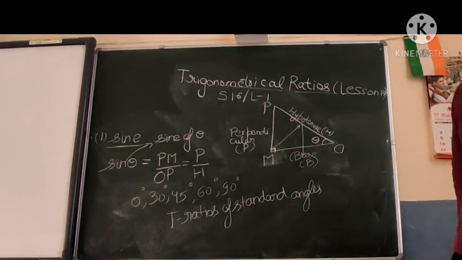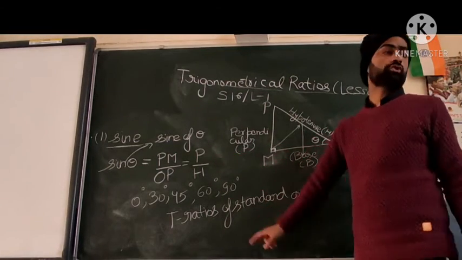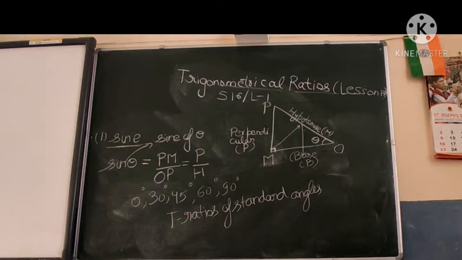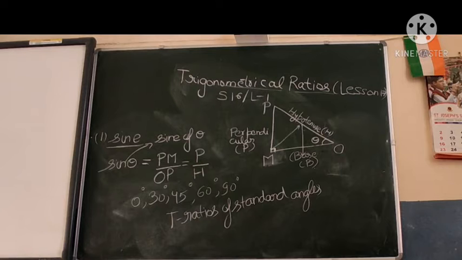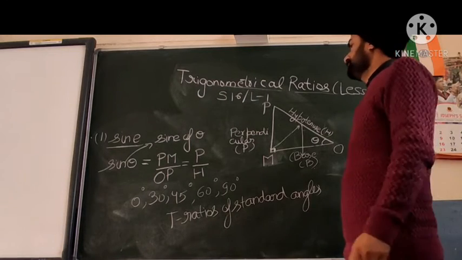So sine is perpendicular upon hypotenuse. So what will be the opposite of sine? The opposite of sine is called cosec.